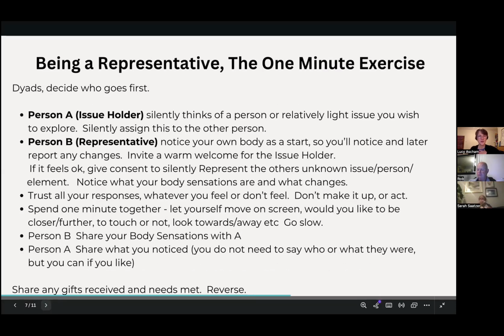So, what I am going to invite you to do in a minute is to do what I call the 1 minute exercise on actually being a representative. So, I will ask for someone to demonstrate this as well. So, there's quite a few words here. You don't need to sort of get it all in your head to begin with, but we're going to ask one person to work with so they can think of something that they're curious about.